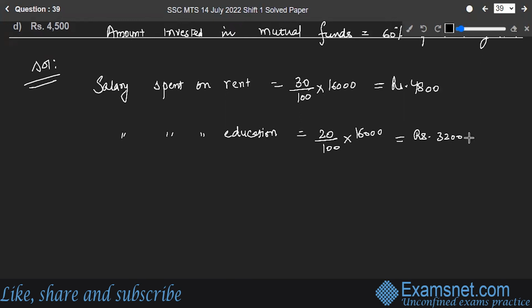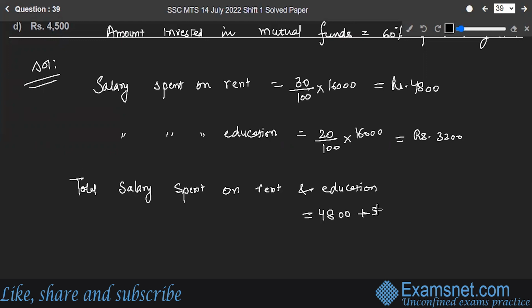So the total salary spent on rent and education is 4,800 plus 3,200. This will be a total of 8,000 rupees.